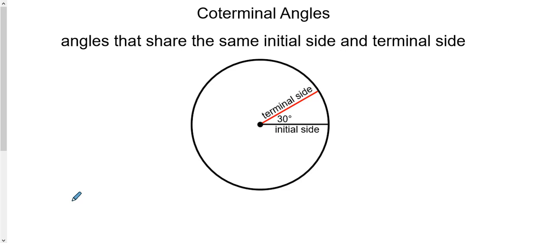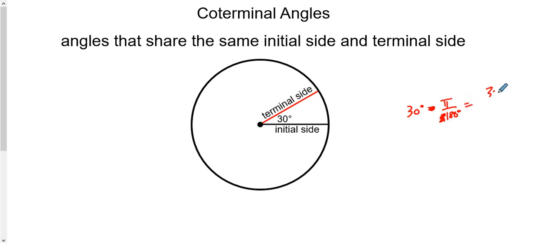Now, let me explain. This angle right here is 30 degrees. Do recognize there is another way to write 30 degrees. You can write 30 degrees times pi over 180.